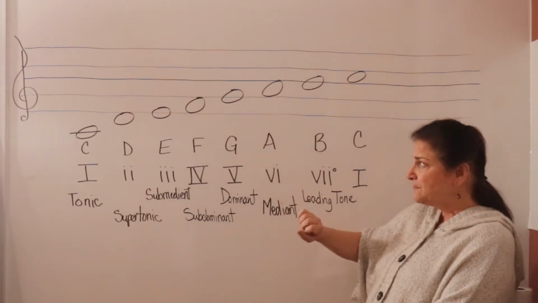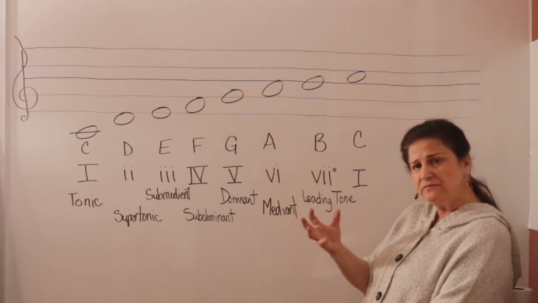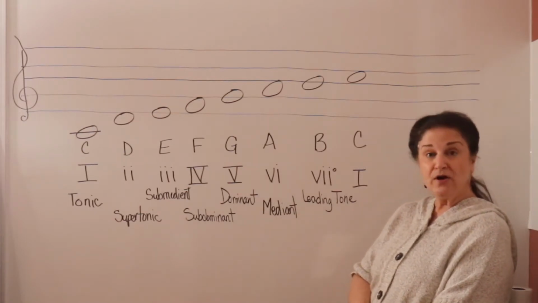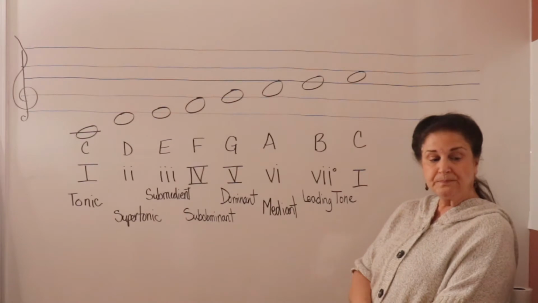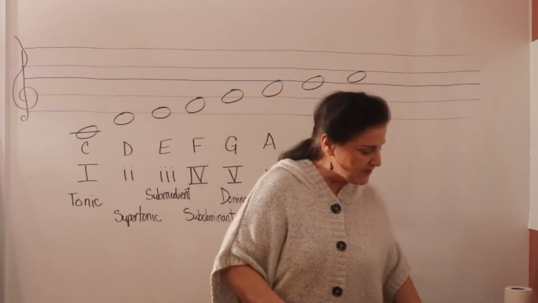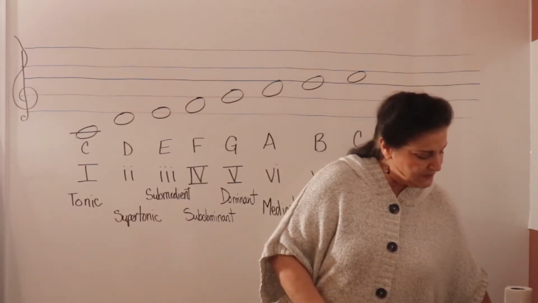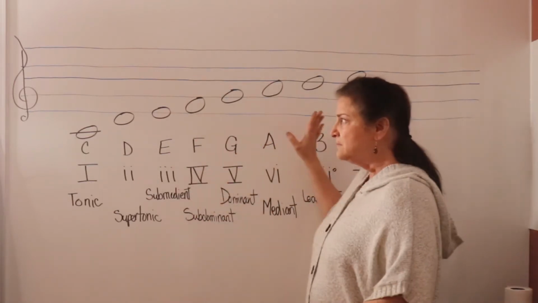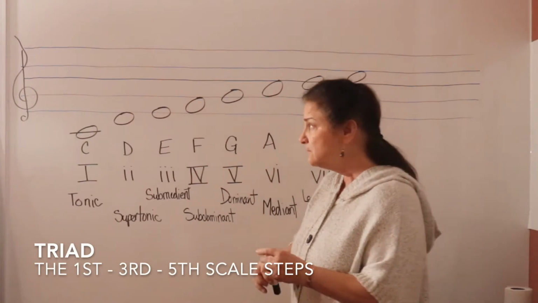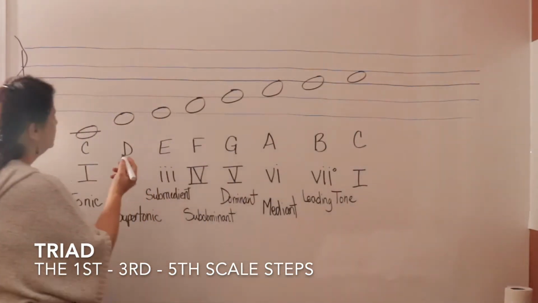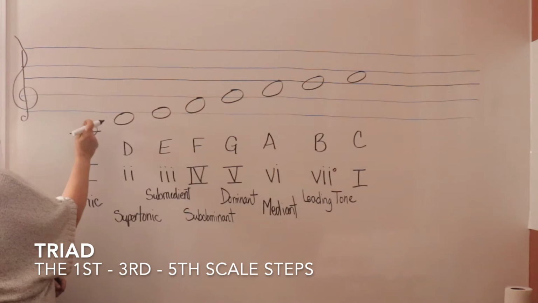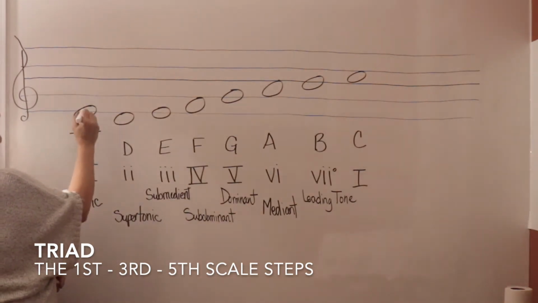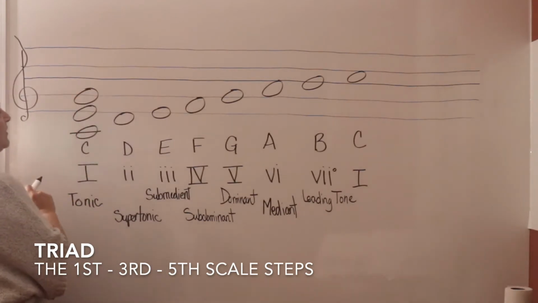Now, in order to create a harmony based on a melody, we have some work to do. There are other pitches than the note that we play in the melody that can help create our harmony. The three notes that I'm going to put on each note here, I'm going to build a chord on each one, are triads. So C, and I'm going to skip a space. I'm going to put a note on the line, and then another line.